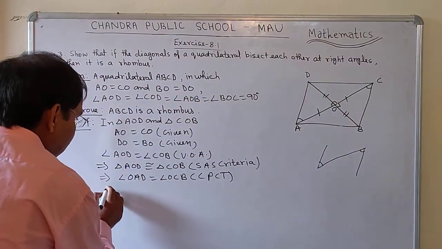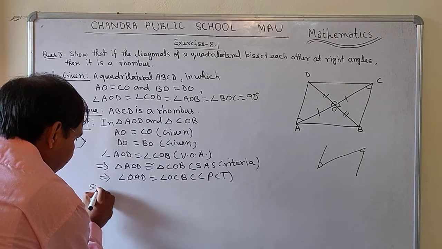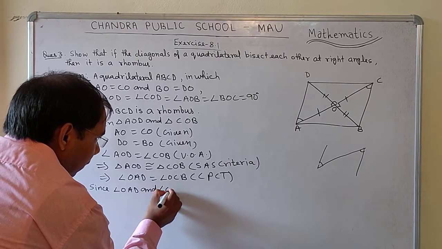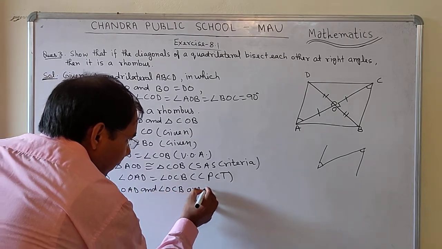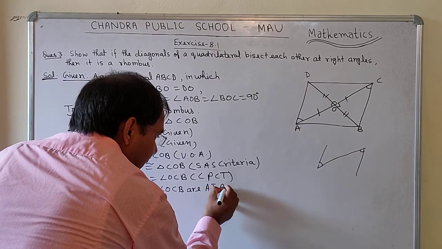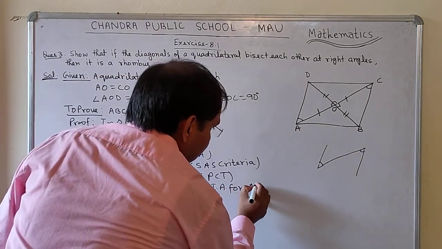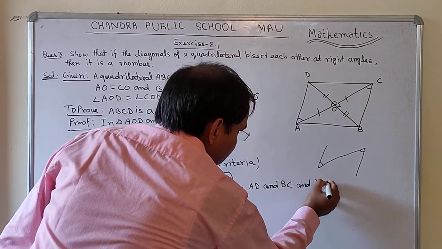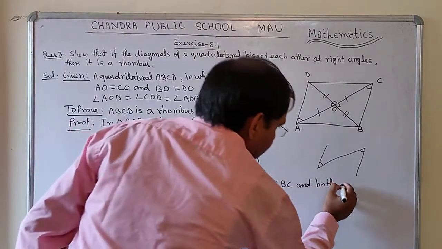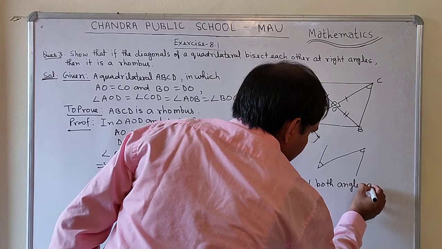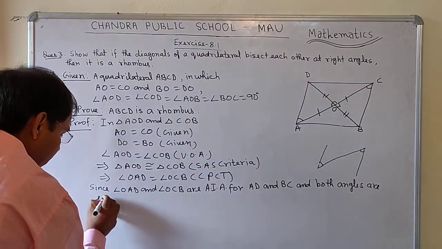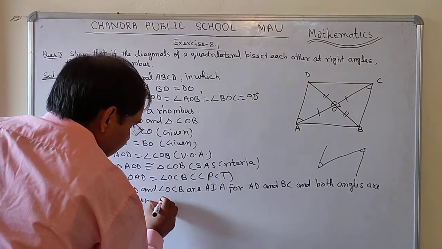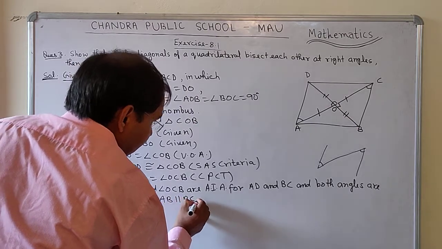So here you can write: since angle OAD and angle OCB are alternate interior angles for AD and BC, and both angles are equal, then AD is parallel to BC.